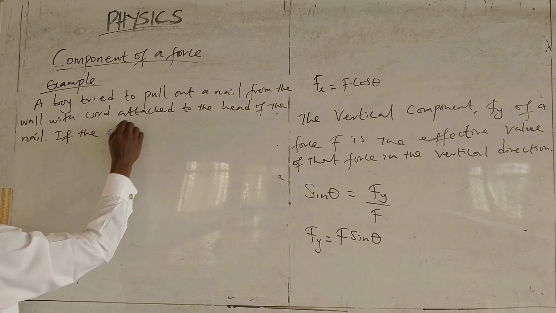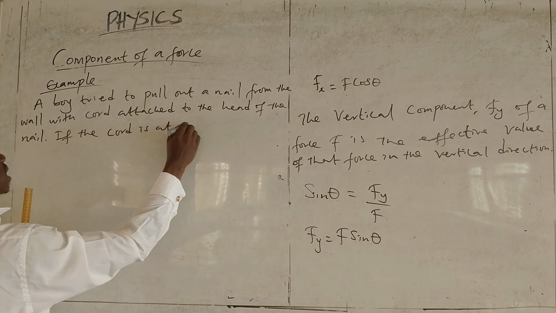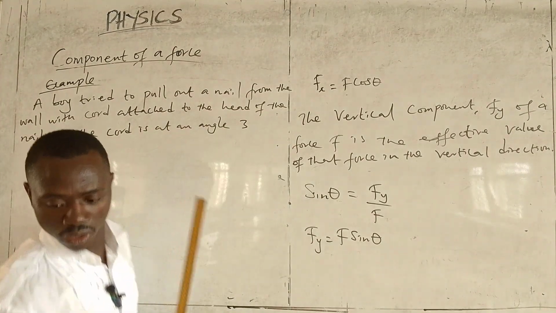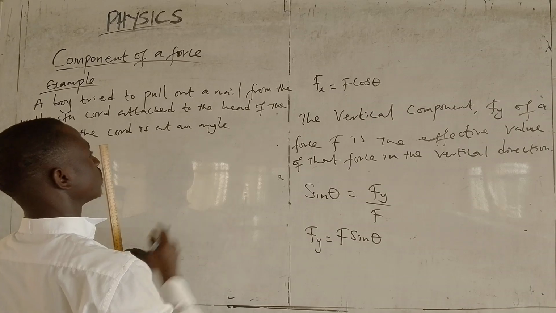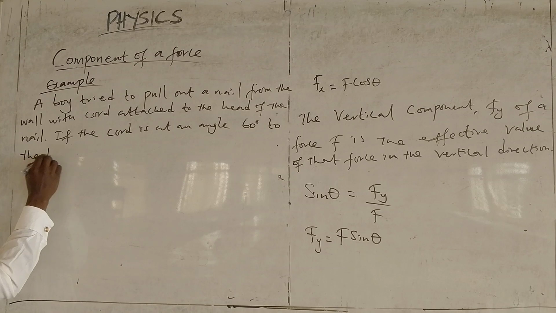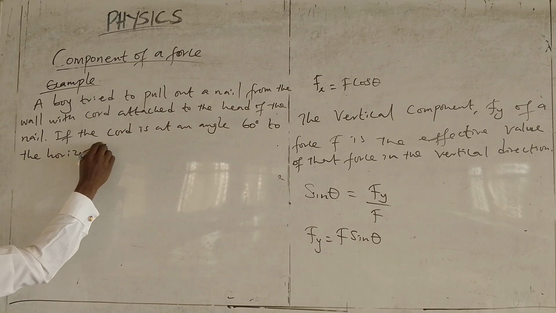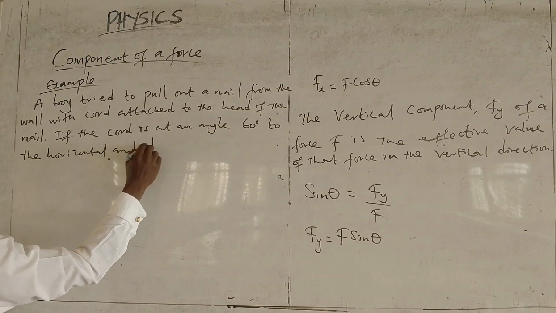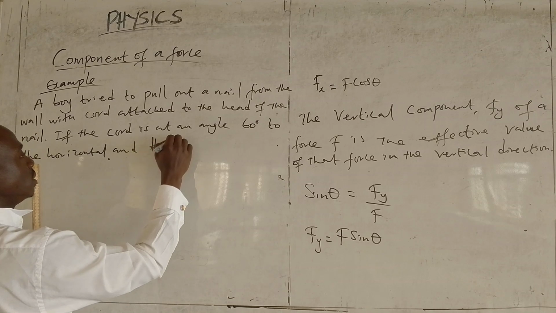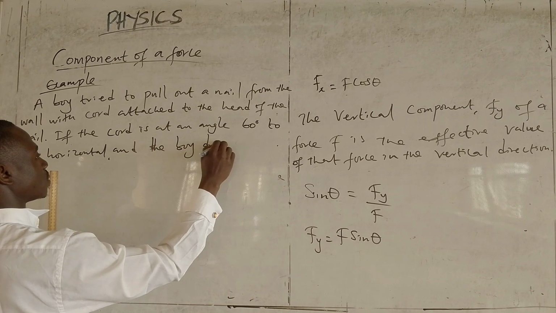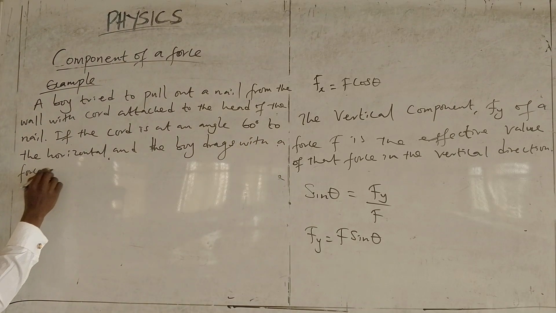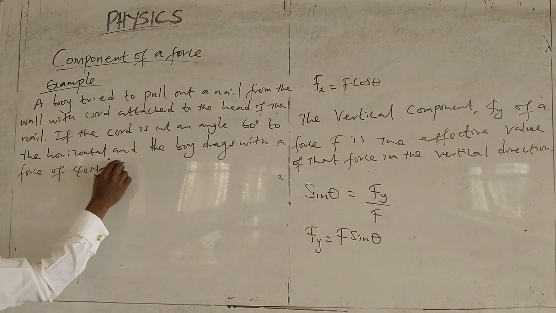If the cord is at an angle, let me use an angle of 60 degrees to the horizontal, and the boy drags with a force of 40 Newton.